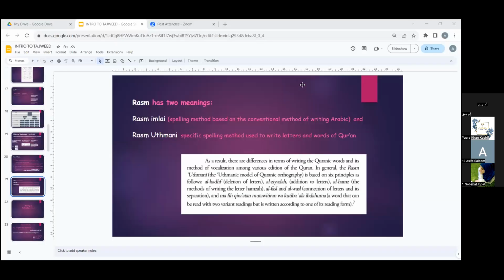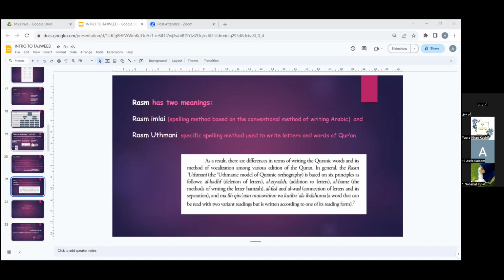So that was about Rasm Al Uthmani, and it was important to give some explanation as to what Rasm means and what it implies when we say Rasm Uthmani, and to know the difference between Rasm Imla'i and Rasm Uthmani.